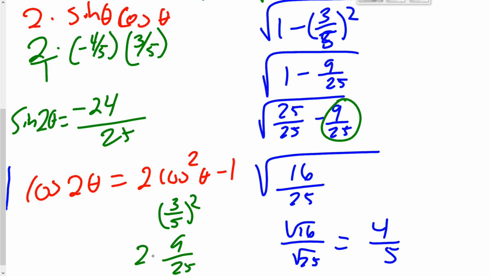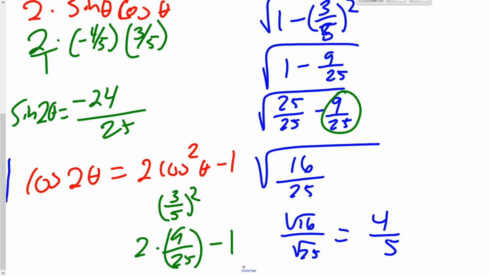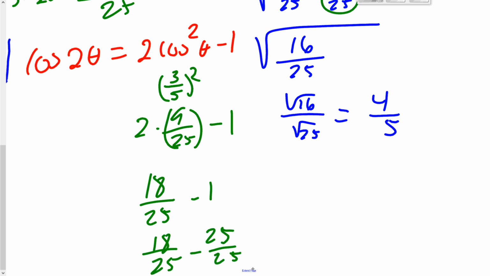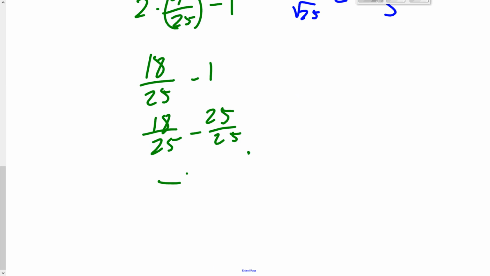And then we're going to take 2 times that, and then we're going to subtract 1. So 2 times that is 18/25 minus 1. So we've got to find a common denominator, which is 25/25. Subtract, we get negative 7/25. So cosine of 2 theta, or the double angle of cosine, is negative 7/25.